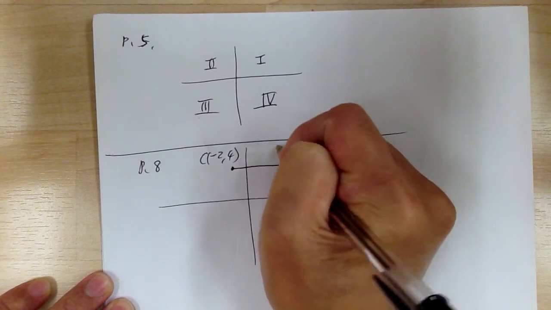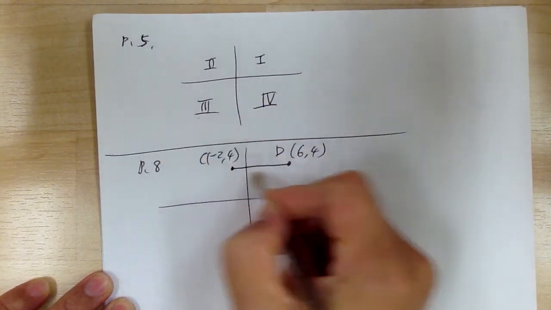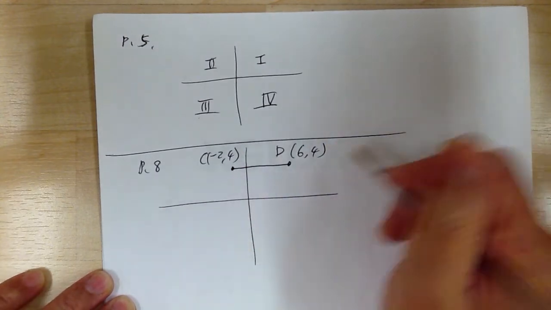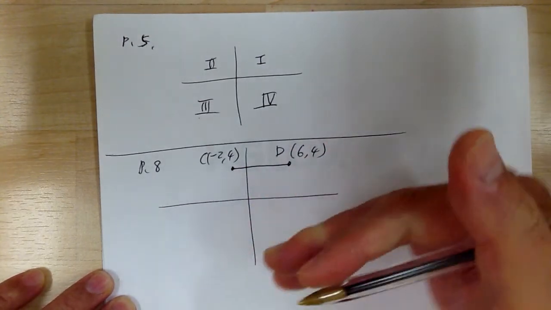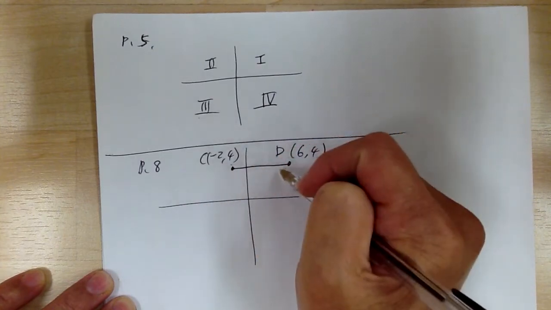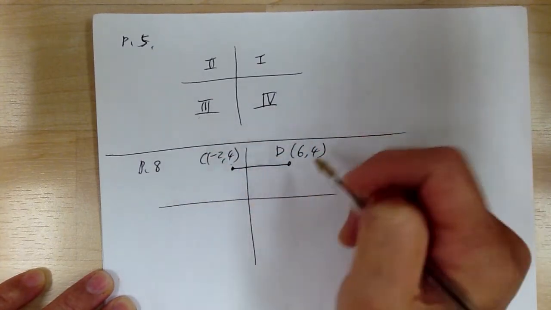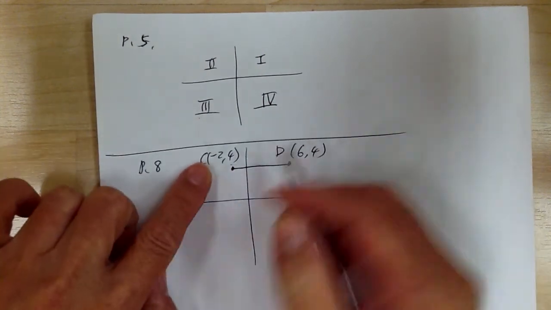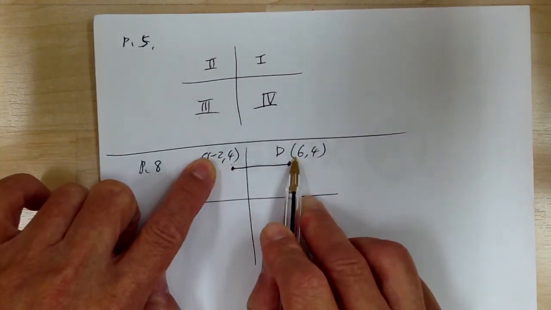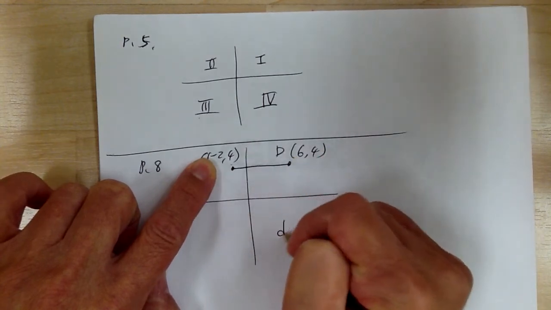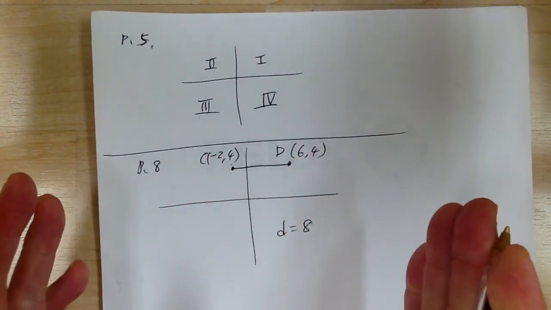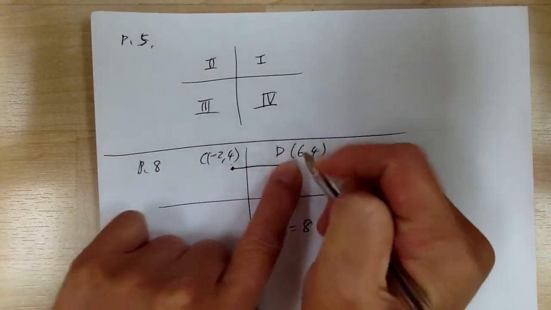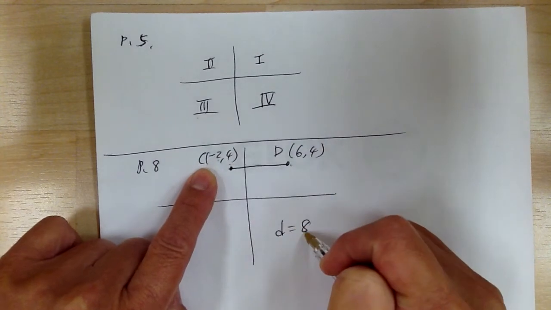So this is point C, this is point D. When you have a horizontal distance or vertical distance, when there's no slope, when there's no angle, like this case over here, or when it's vertical, when it's not slanted, to figure out distance, think about number line. So you're going from -2 to 6. In this case, the distance will equal 8. So to figure out the distance, all you have to do is use the end point minus the starting point. So 6 minus -2 will give you 8.